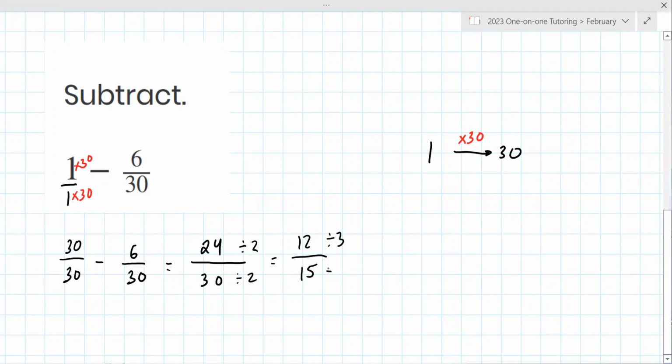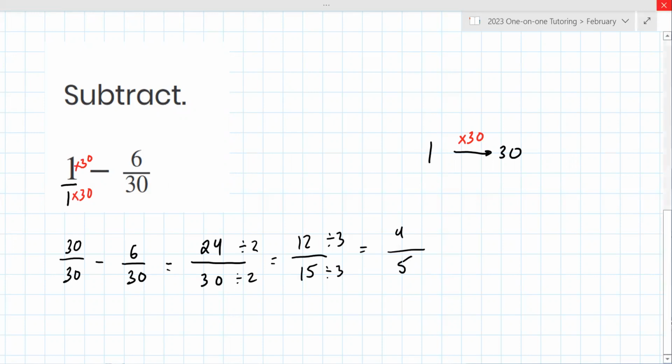Does 3 go into both? Yes, it does. So what is 12 divided by 3? 4. How about 15 divided by 3? 5. Good. So this is one of the answers that is there.